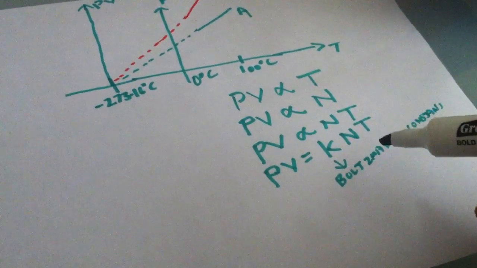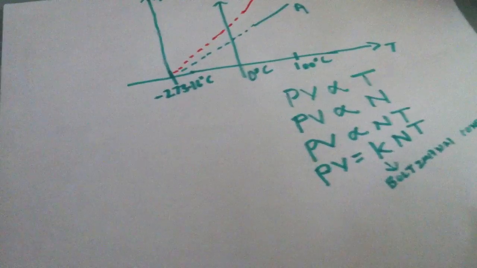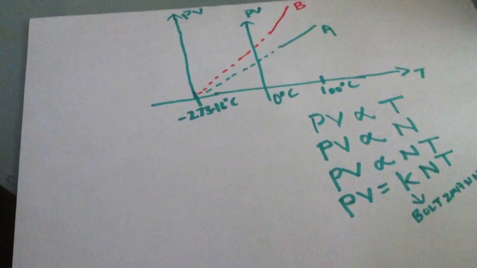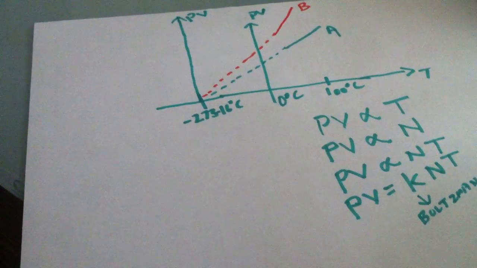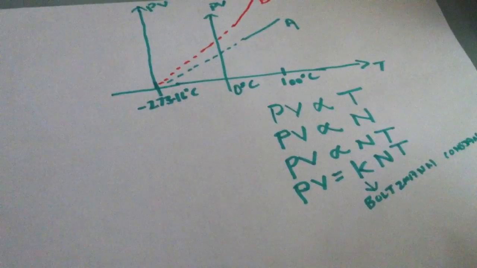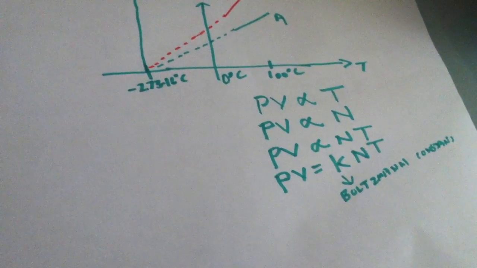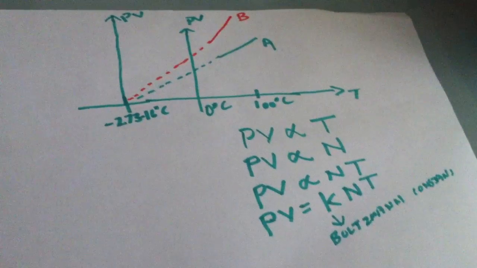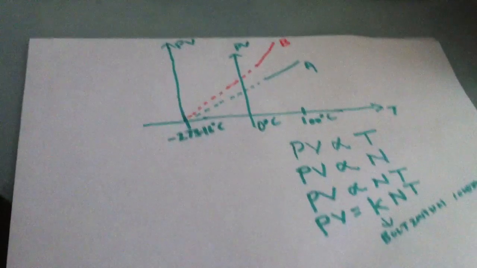Now, typically when we talk about the number of molecules of a gas, we are dealing with extremely large numbers. For example, 2 grams of hydrogen molecules will have 6 times 10 to the 23 molecules of hydrogen. Similarly, 4 grams of helium will have 6 times 10 to the 23 atoms of helium.